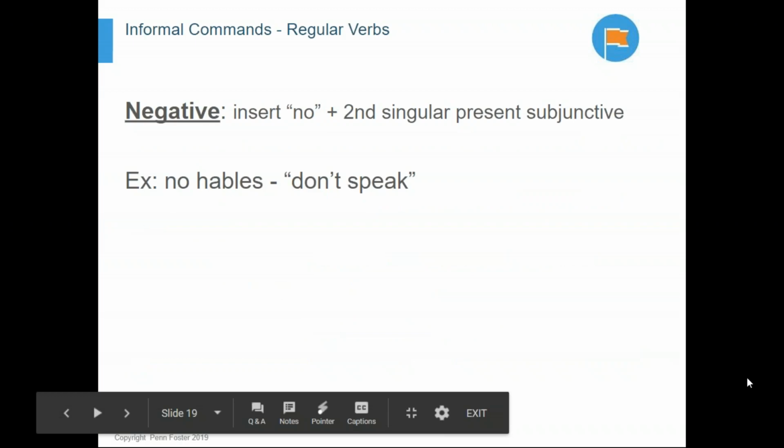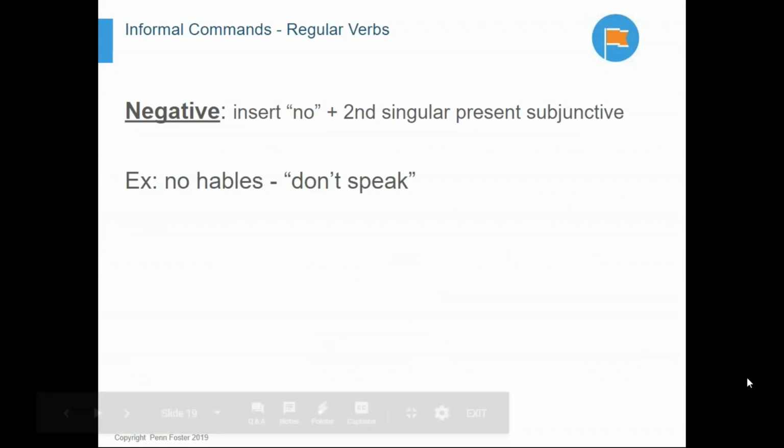If, however, you were giving a negative command to someone you know and asking them not to do something, for instance, do not speak, now the rule is different. For a negative informal or a negative tú command, you're going to use second singular present subjunctive.